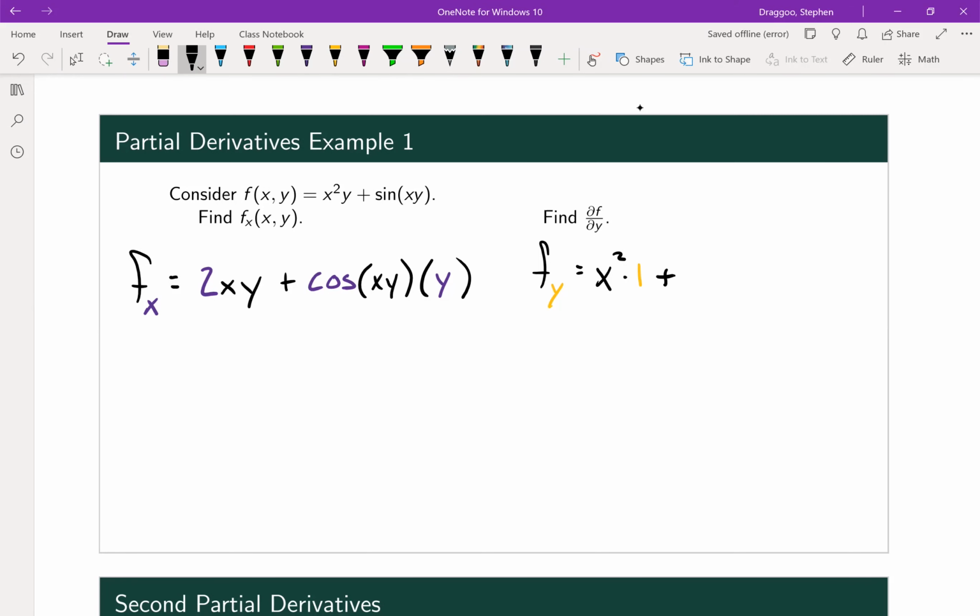Plus the derivative of sine xy is going to be cosine of xy times the chain rule part. The derivative of xy with respect to y is just x. And those are our two partial derivatives. Notice that those two are not equal to each other. So f partial x is not equal to f partial y. And in general, those two things should come out to be different.